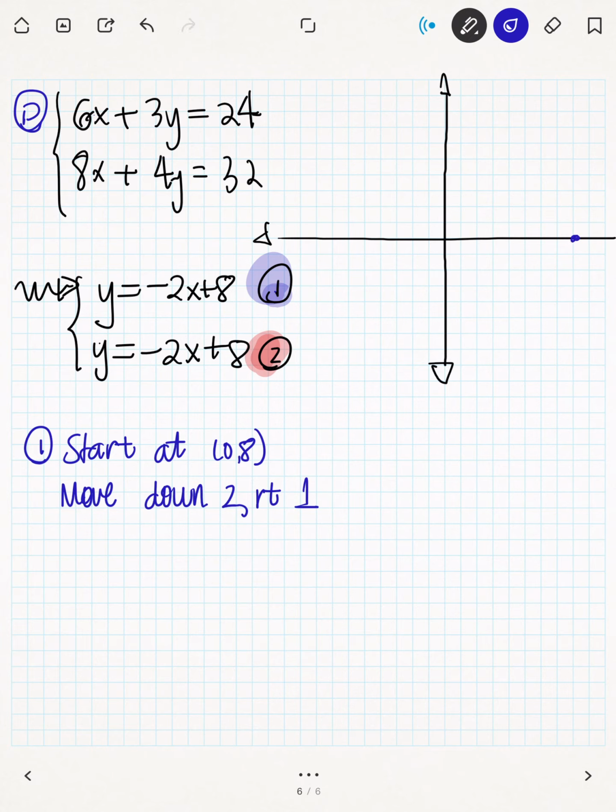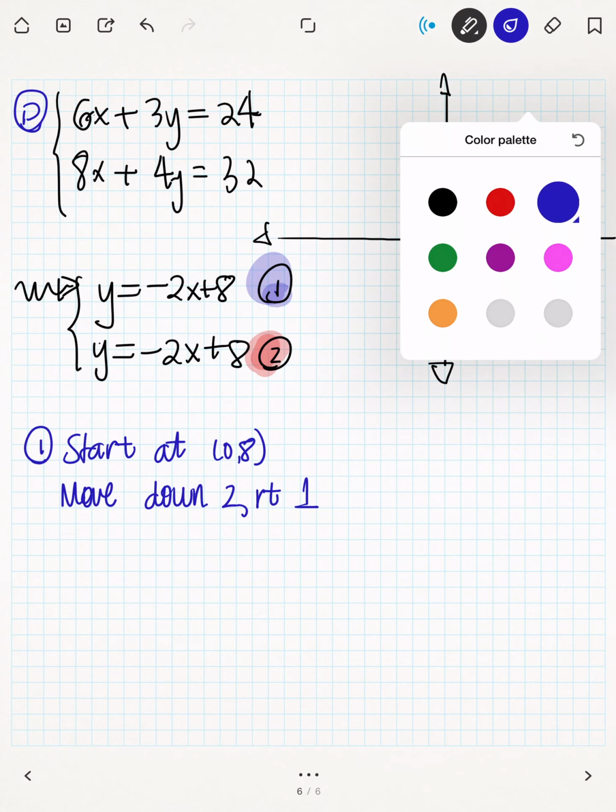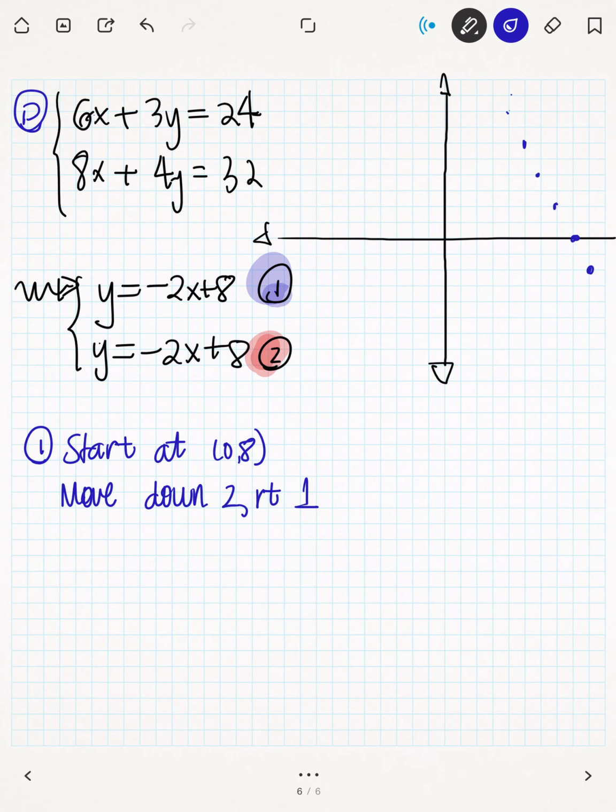So here I am at 0, 8. Move down 2, right 1. Or I can do 1 negative, 1 positive movement, so that's left and up. Okay, so I have this line.